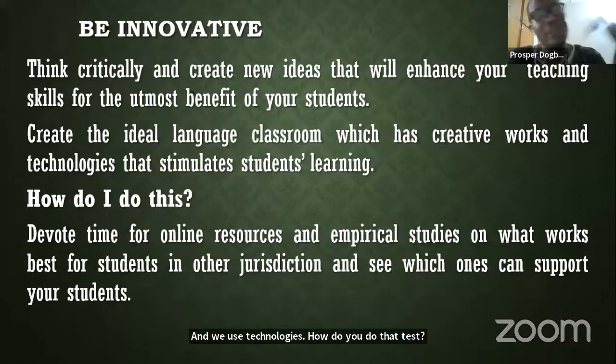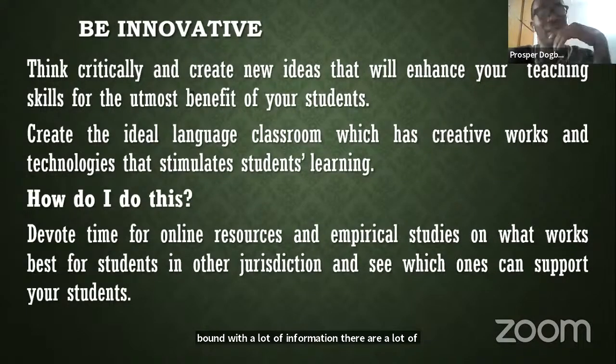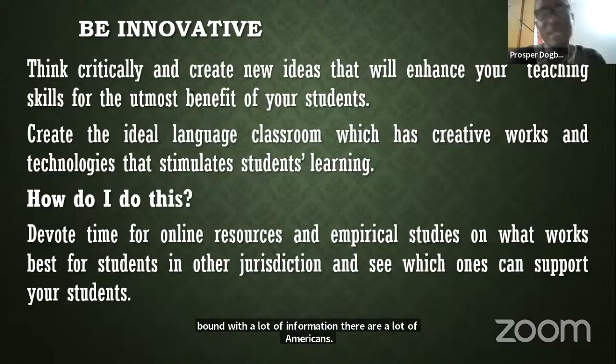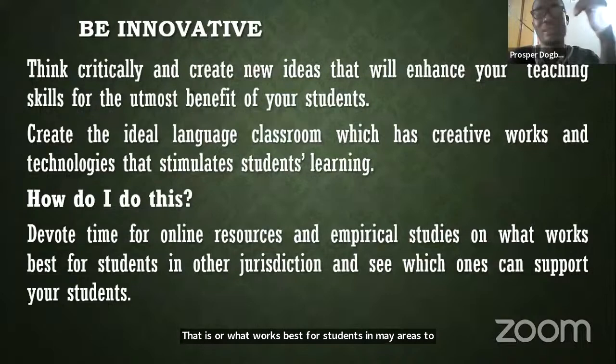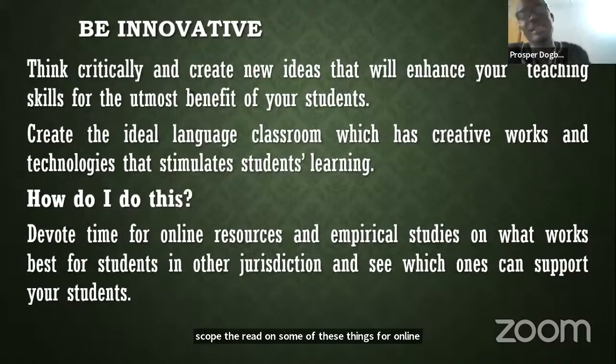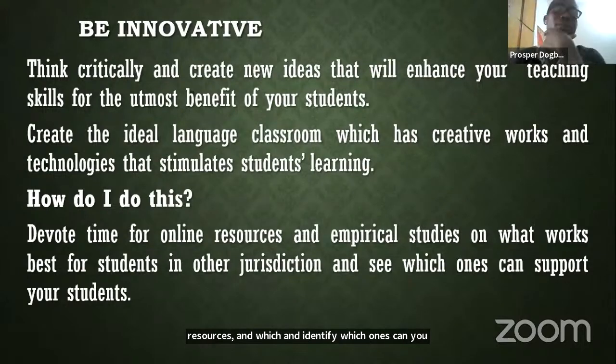There are a lot of empirical studies on what works best for students in many areas. So there will be a lot of research works. Read on some of these things, go for online resources, and identify which ones can support the level of your students, whether at the basic level, at the senior high school level, or at the tertiary level.